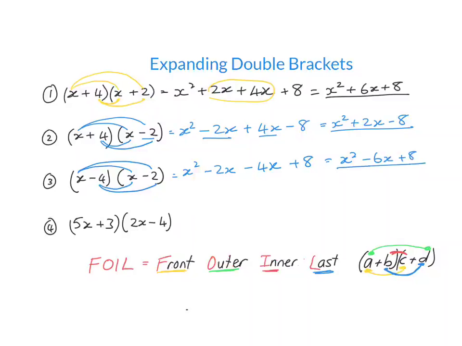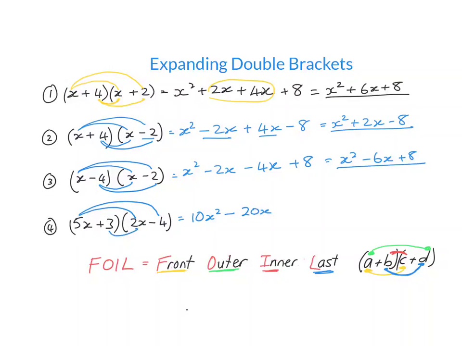And the last one here, sometimes you have not just x, but you might have 5x. So 5x times 2x is 10x squared. I've got a 5 times an x times a 2 times an x. That's the front. The outers, minus 4 times 5x is minus 20x.